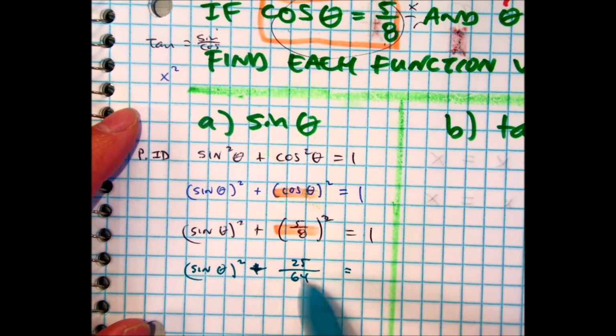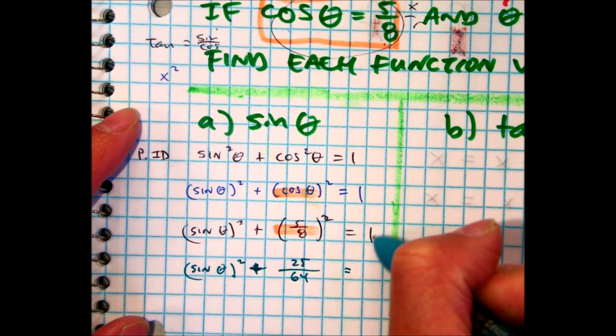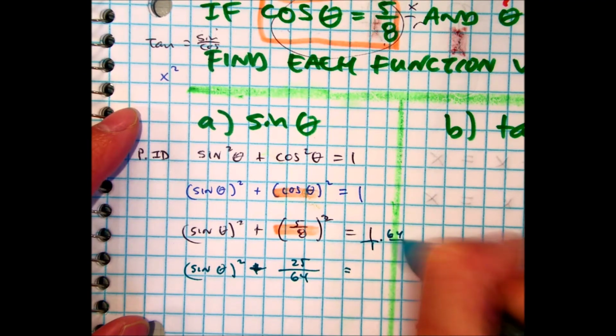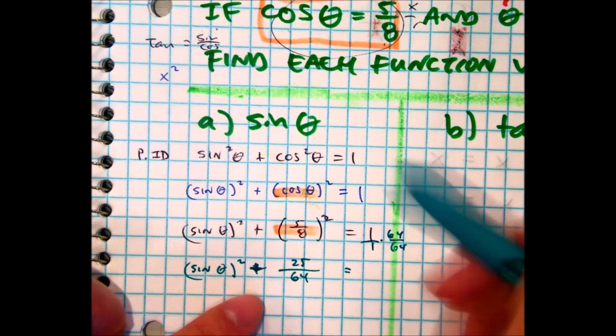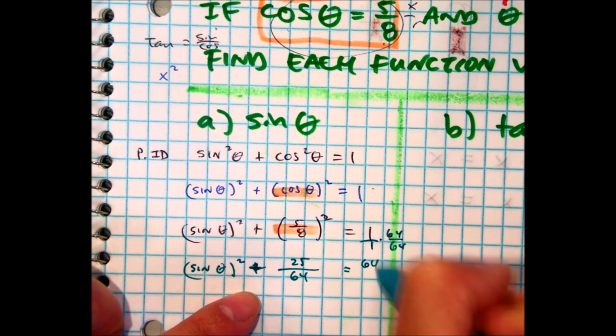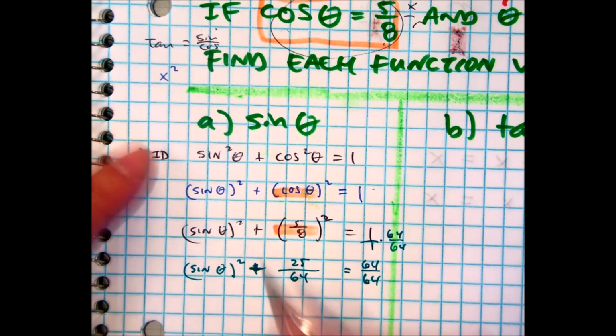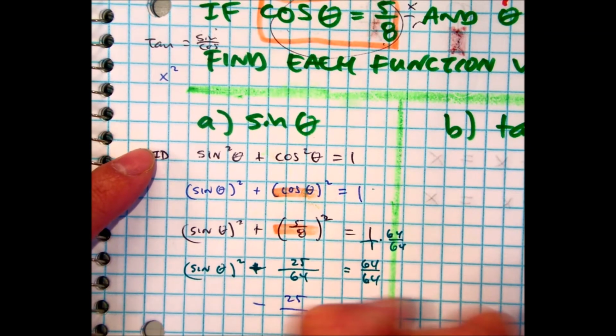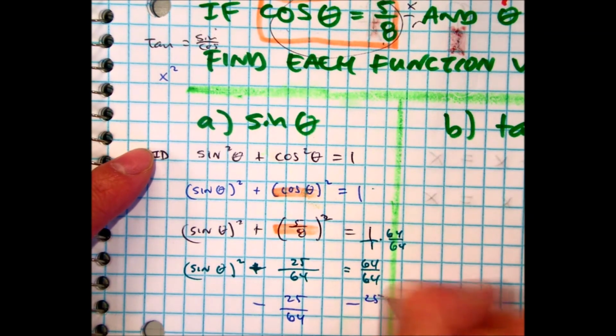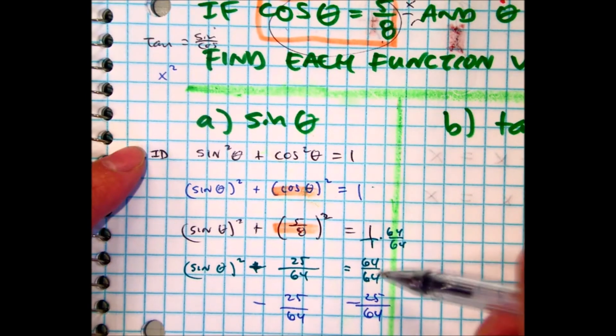Now look ahead. You're eventually going to have to subtract this from both sides, right? So I'm going to make this a common denominator of 64. I'm changing this 1 to be 64 over 64. Here's the reason why. If I subtract 25 over 64 from both sides, do you see how this was easier?